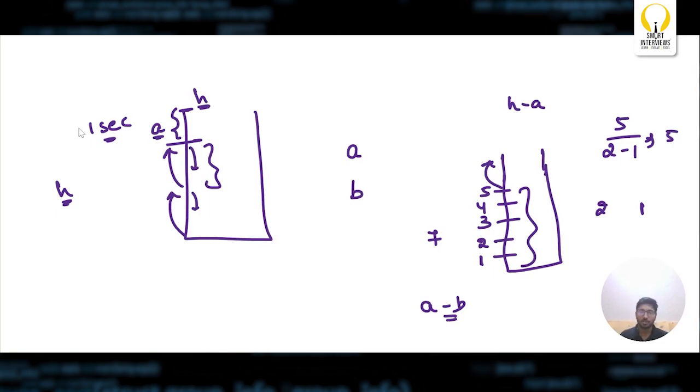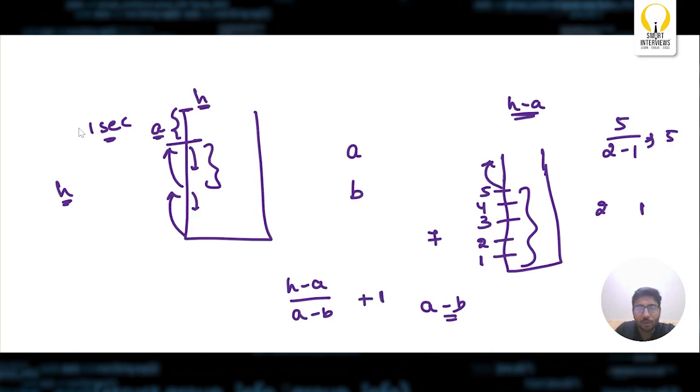So it is taking 5 seconds, right? So to get to a height of H minus A, we can say it is taking (H minus A) divided by (A minus B) seconds, right?